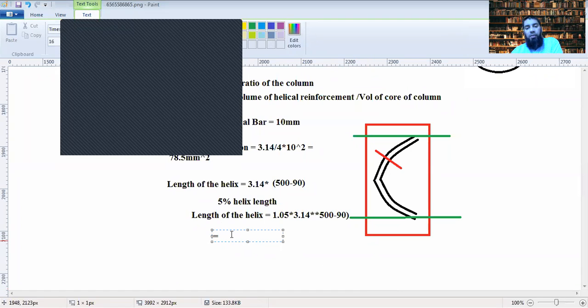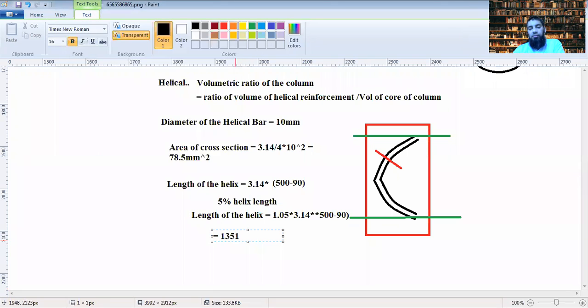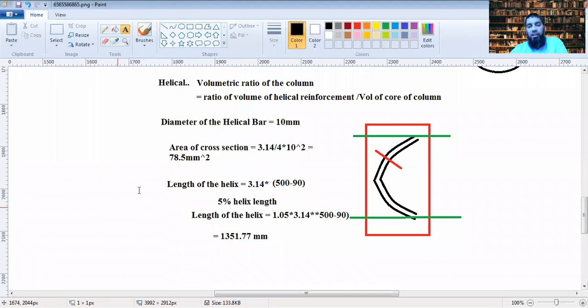It's 1351.77 mm. This is the length of the helix.